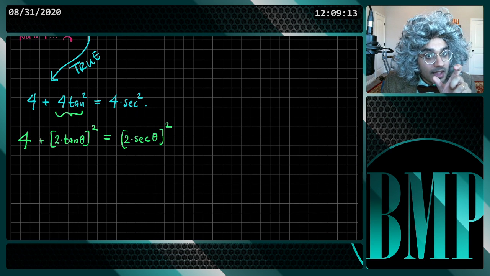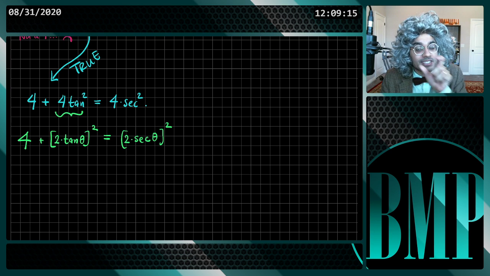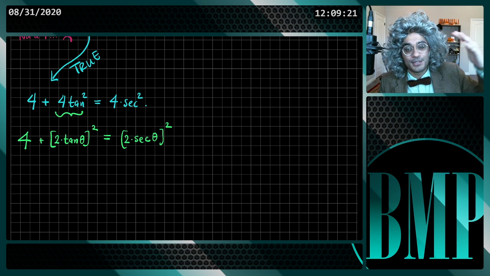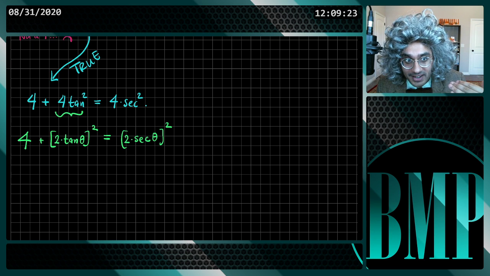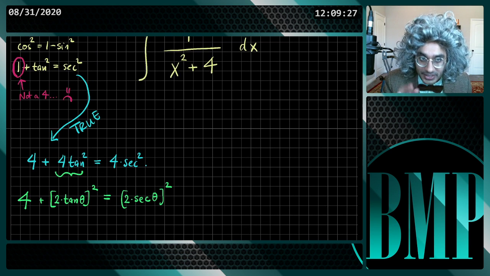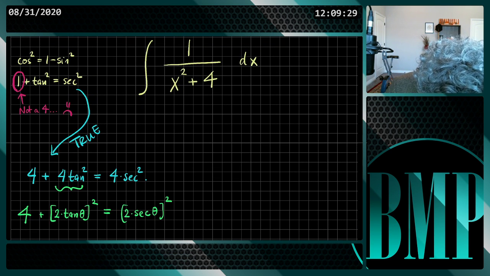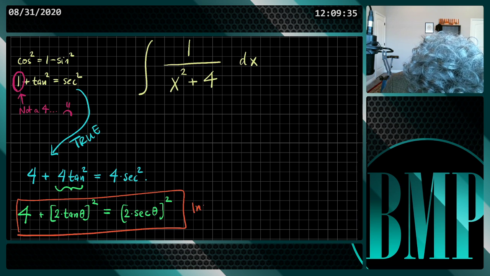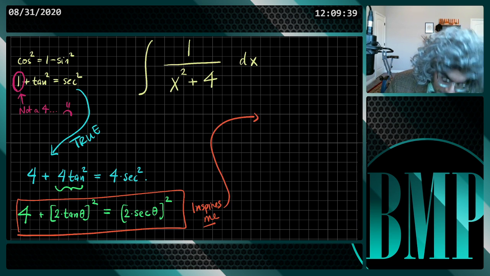I'm writing it this way for you to see the utility. 4 plus a perfect square, you can trade it off for a perfect square. So this is my guiding light, my inspiration. It inspires me to try the following.